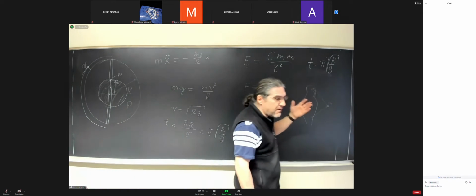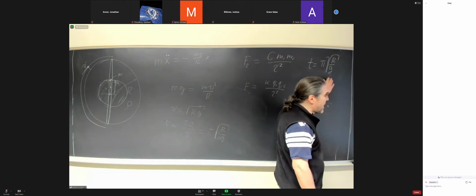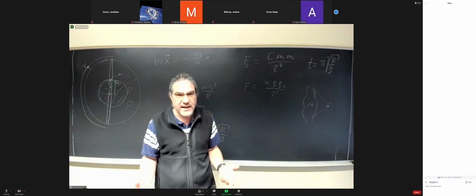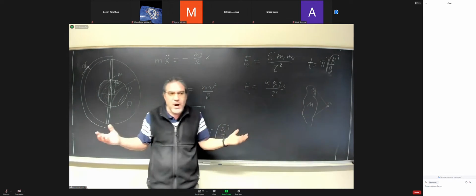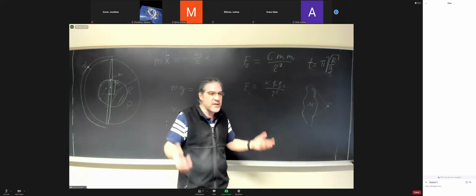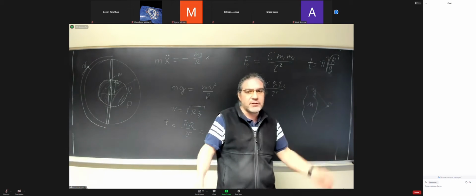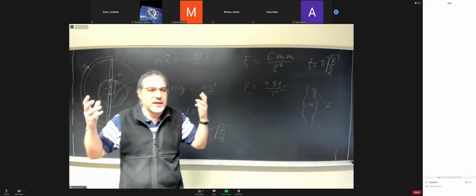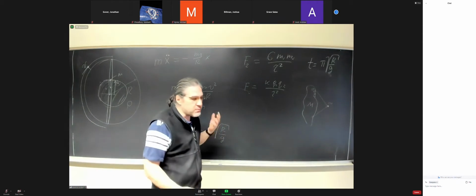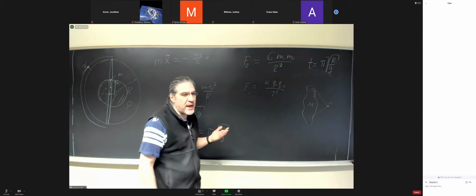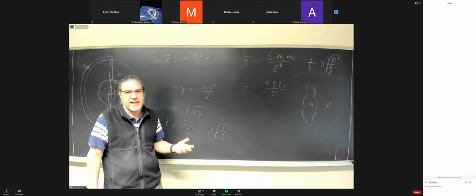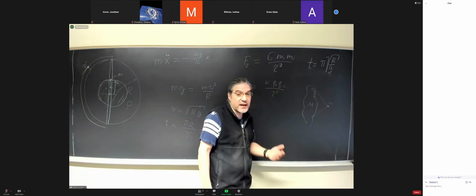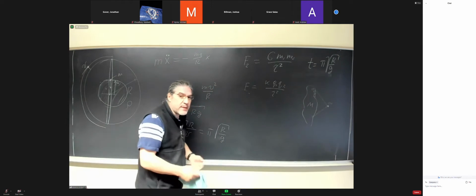If you have an equation where the left-hand side and the right-hand side have different units, you definitely made a mistake. There is no other way. There is no way that seconds can be equal to kilograms. It cannot happen. So what it means is that you made some simple arithmetic mistake somewhere. So please go back and recheck it. It's the easiest way to catch a mistake.